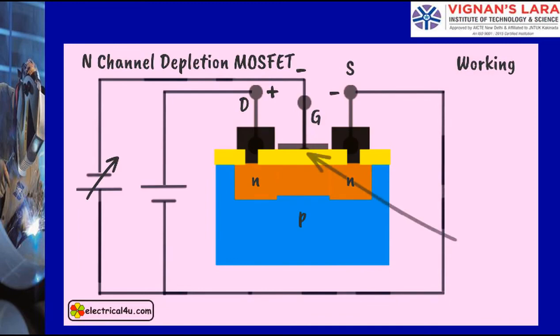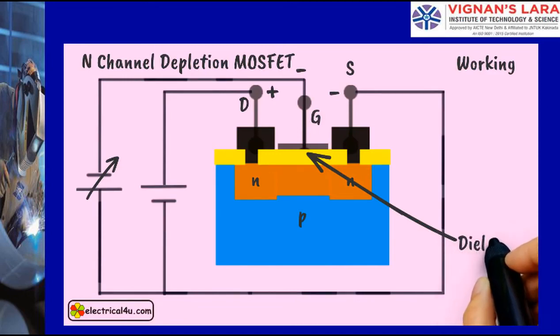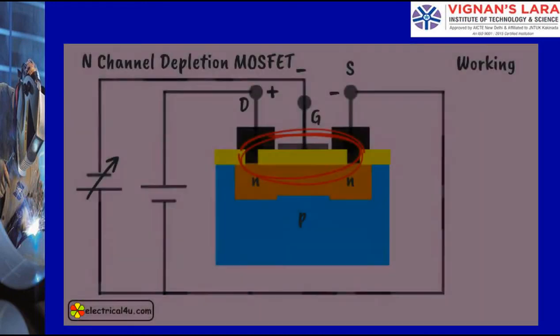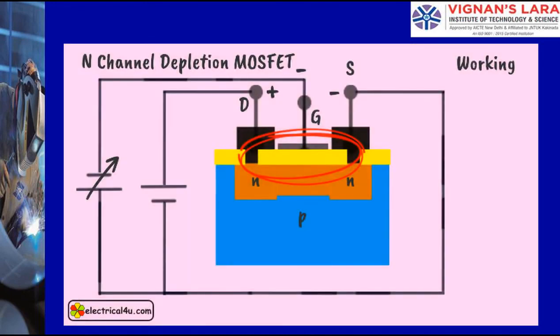As we see in the MOSFET, there is a silicon dioxide insulation layer between the metallic gate contact plate and substrate. That means there is a dielectric between conductor and semiconductor. Hence, this portion of the MOSFET behaves as a capacitor.